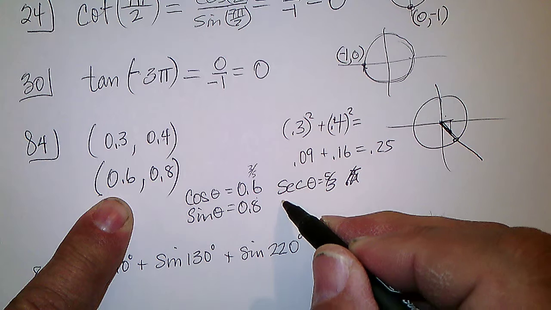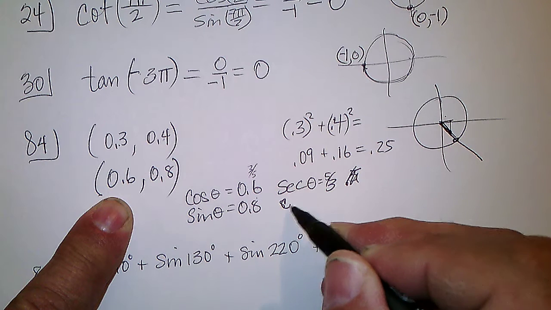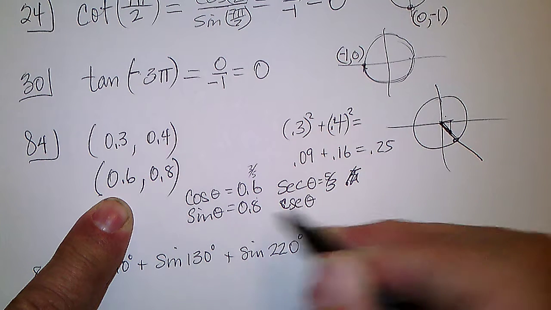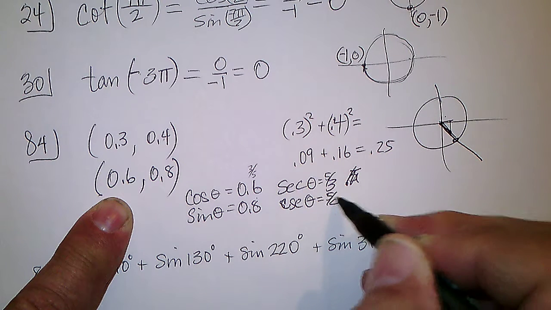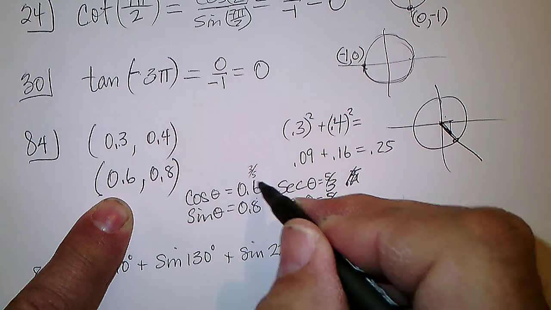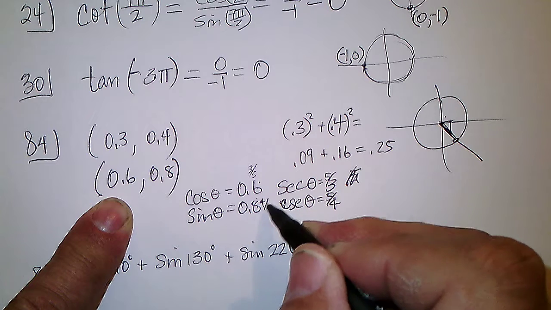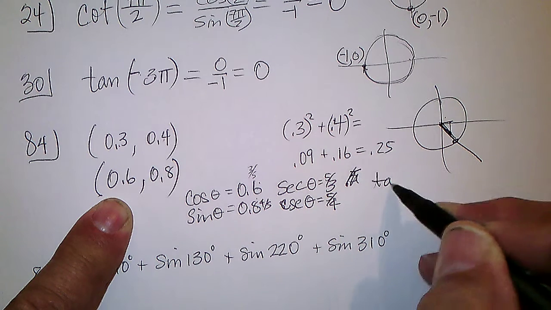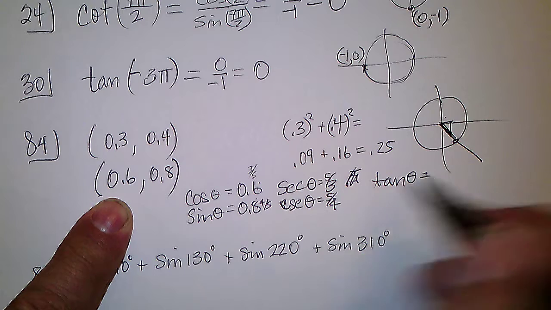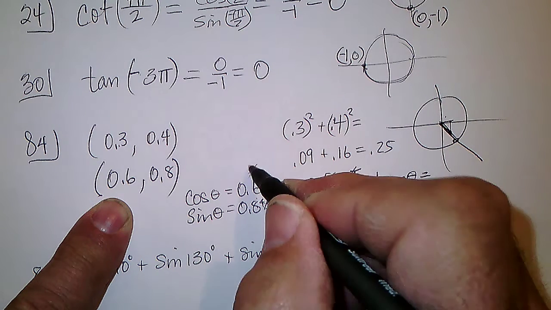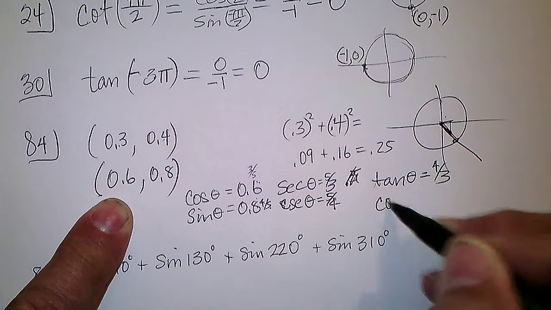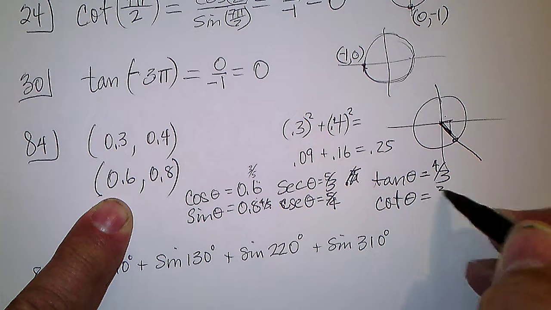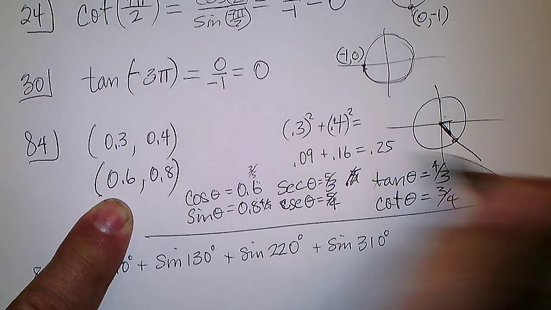The reciprocal of the sine is cosecant. So this is 4/5, so this would be 5/4. And this is 3/5, this is 4/5. So the tangent of the angle would be sine 4/5 over 3/5, which is 4/3. And the cotangent would be 3/4.